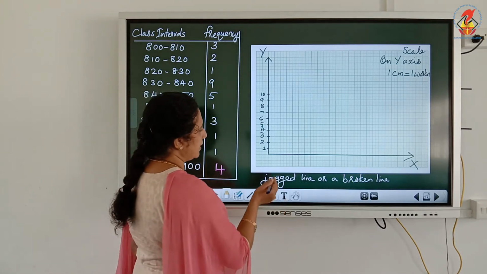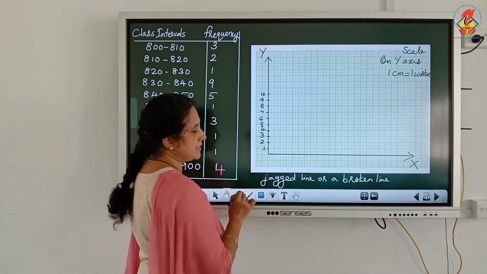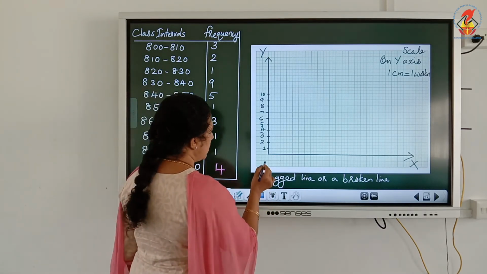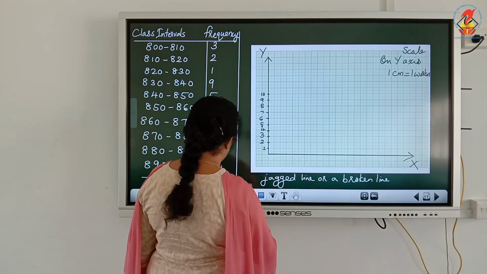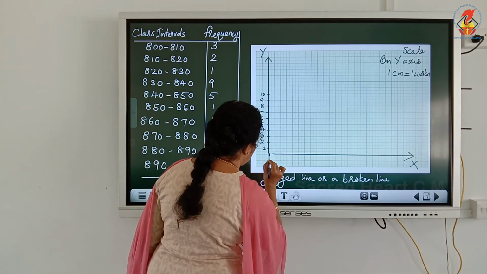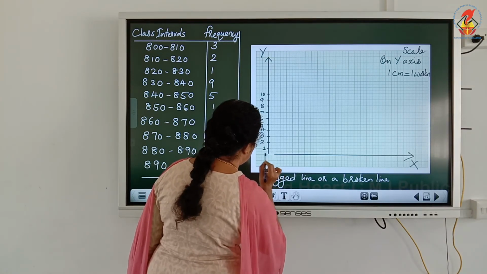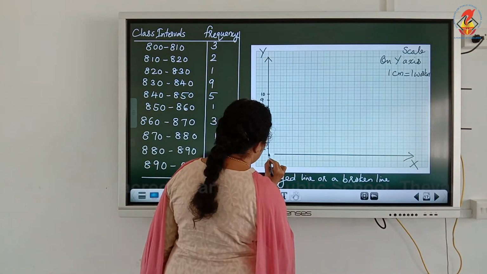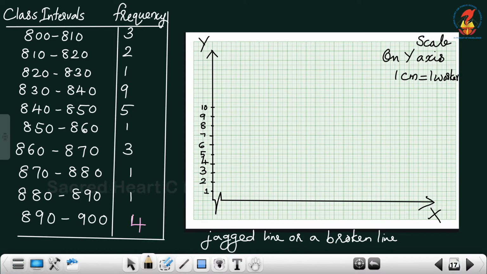Therefore on the x-axis you have to draw a jagged line or a broken line in order to indicate that. So you have to remove this part and draw a jagged line here.